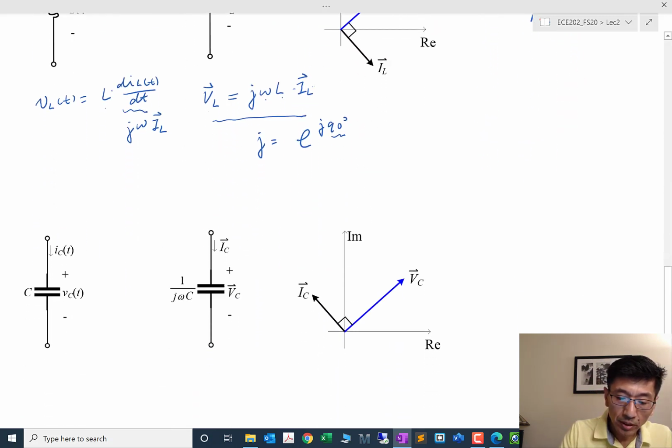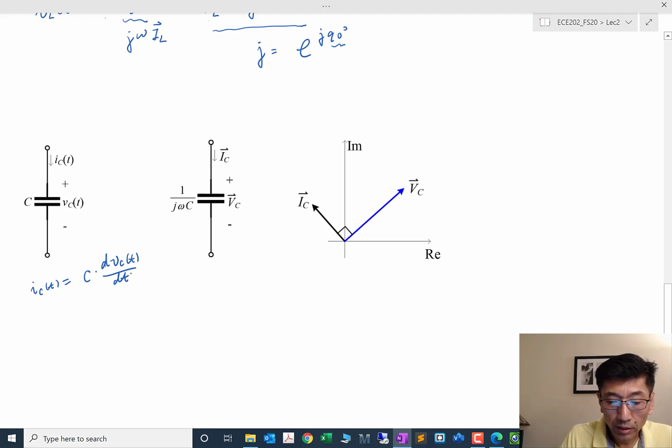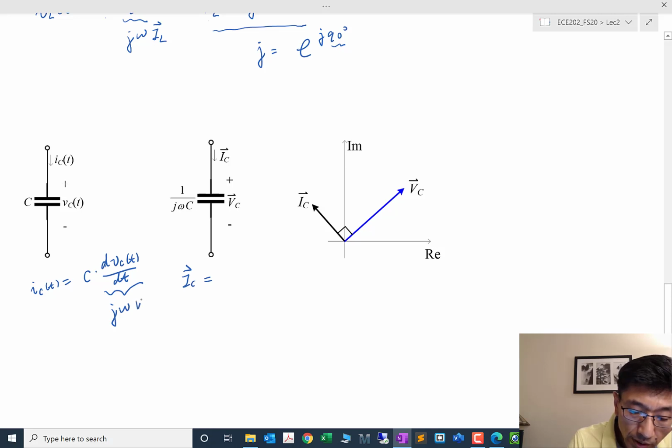Okay, let's move on to the capacitance. The equation for the capacitance in the time domain is I sub c equals c dv c dt. So if we convert this to phasors, we would have I sub c, the phasor, and just as we did for the inductor, the phasor for this one is going to be j omega V sub c.